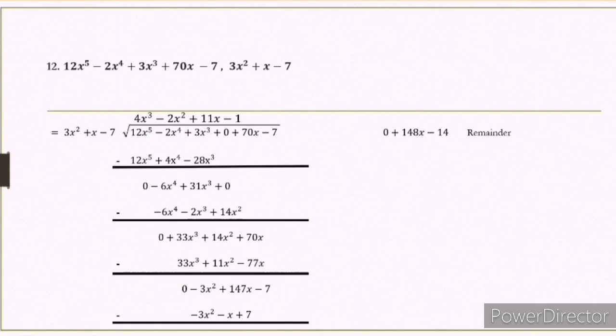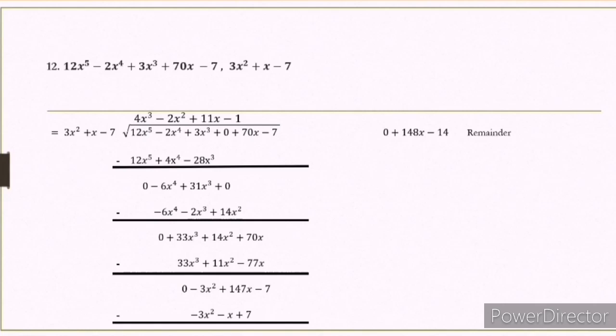Then 11x times x is equal to 11x squared. 11x times negative 7 is equal to negative 77x. Then subtract. 33x cubed minus 33x cubed is equal to 0. 14x squared minus 11x squared is equal to 3x squared.